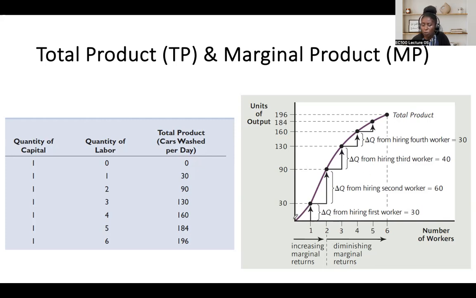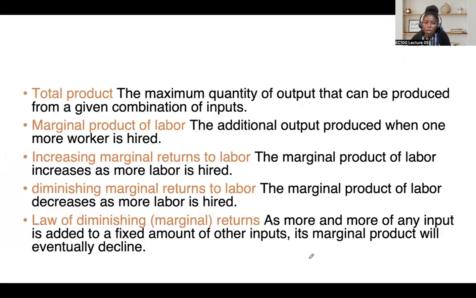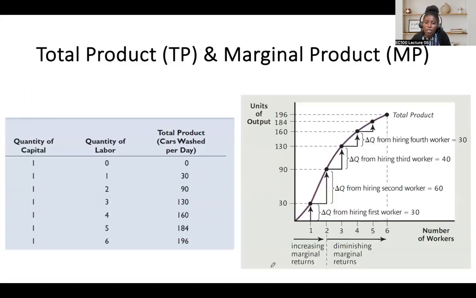It's very important, and I'm going to ask you at some point, as I've been telling you, whenever you see tables or figures, you need to know the trend. Be very careful to notice the trend. Here it's increasing throughout, but there's something here: the introduction of marginal returns.